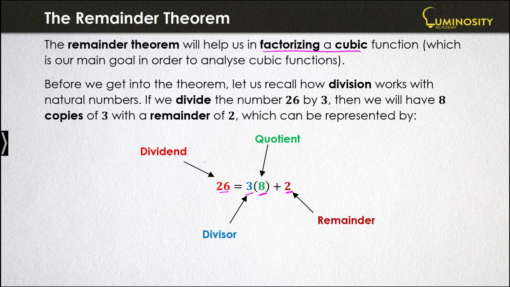This is the algebraic way of representing natural number long division. If we have 3 dividing into 26, it can go 8 times; 8 times 3 is 24. Subtracting them, you have 2. So 8 remainder 2. Algebraically, this is represented as 26 equals 3 times 8 plus 2.